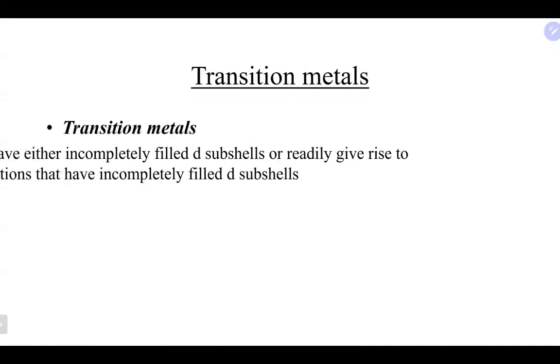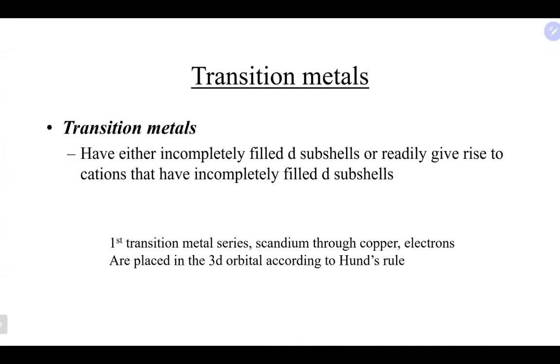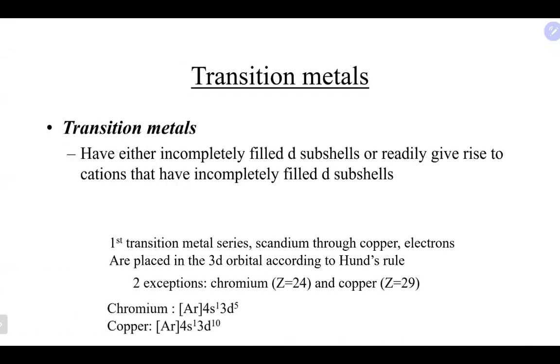Now, transition metals, which are between group 2 and group 3 on the periodic table, have incompletely filled d orbitals. They also give rise to cations with incompletely filled d orbitals. There are actually several exceptions to the electron configuration in the transition metal region.